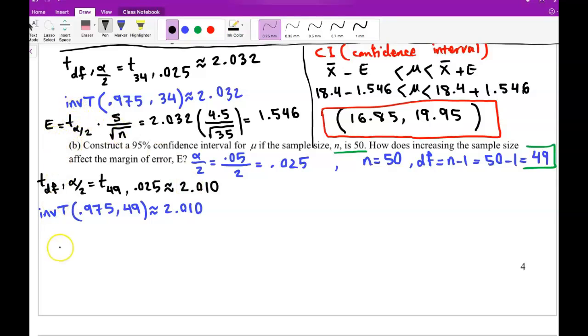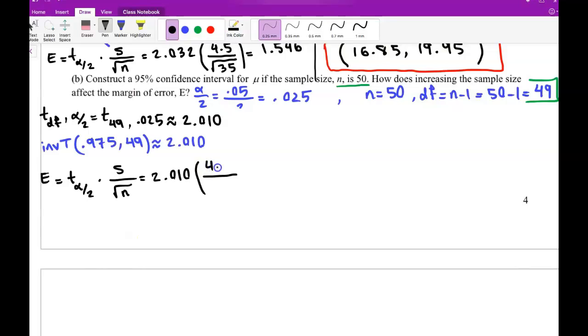Then next step, finding E. Okay, so S is 4.5 divided by square root of n.